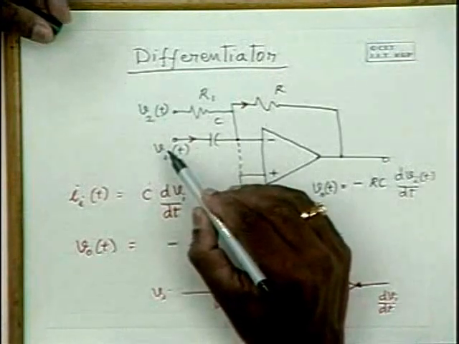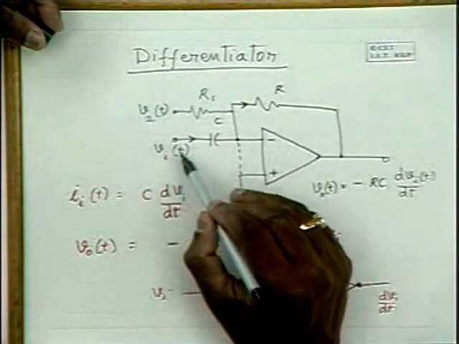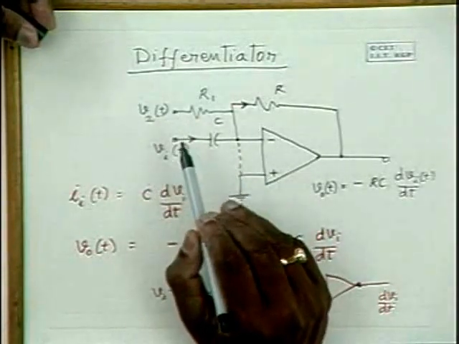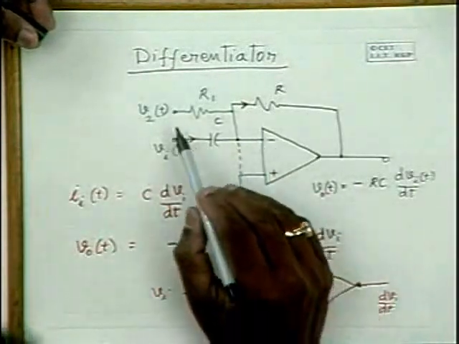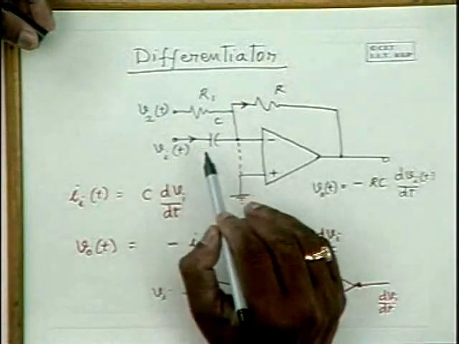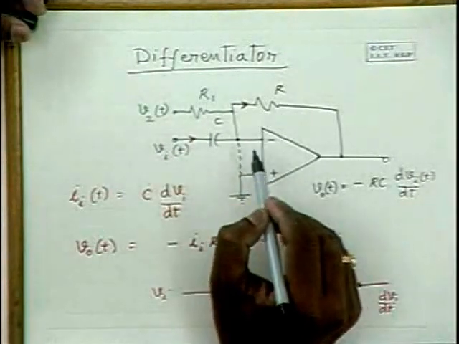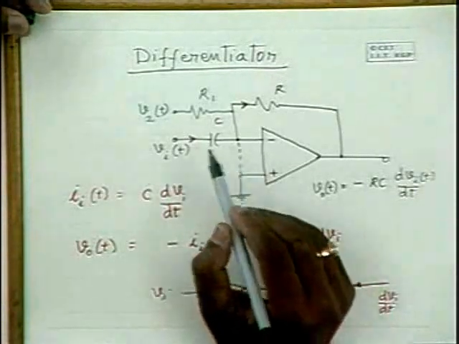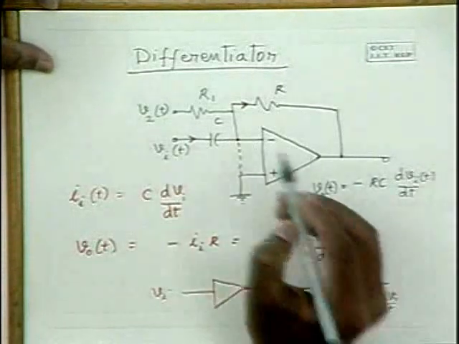Now this circuit acts as a differentiator as far as Vi(t) is concerned, and as far as V2(t) is concerned, this circuit acts like an ordinary amplifier. And since you have different inputs connected to the same inverting terminal, it acts like a voltage adder. So all these things put together give you a different function.